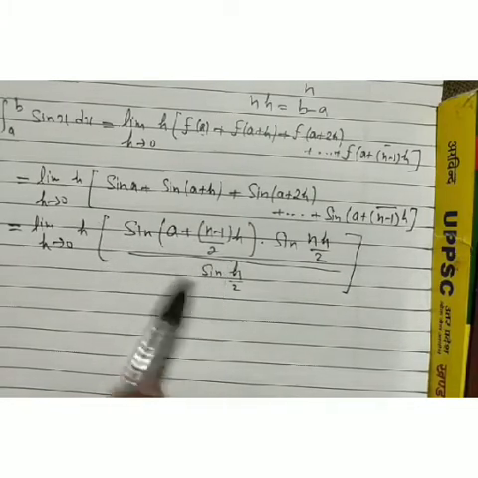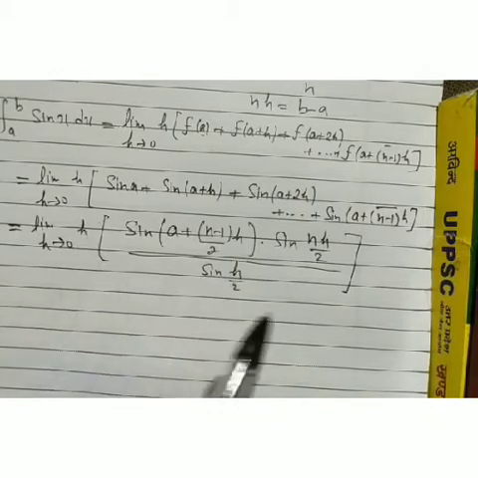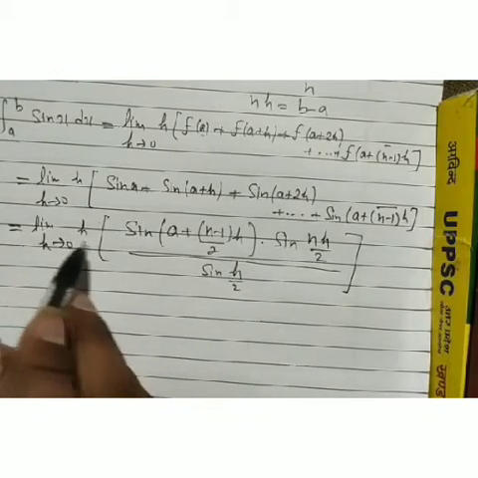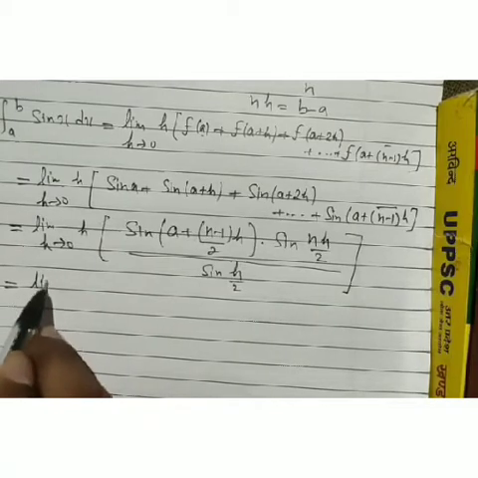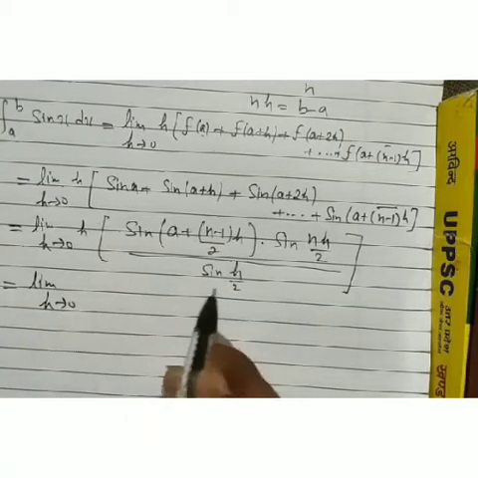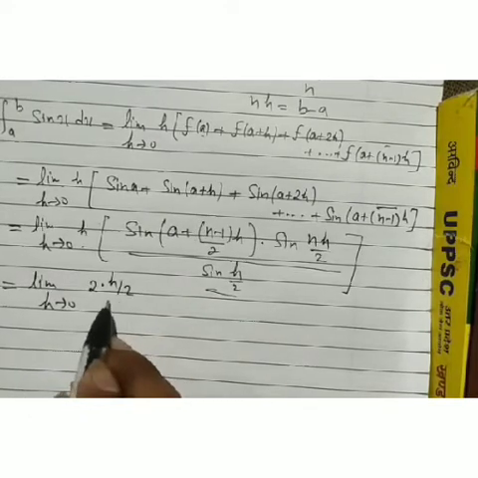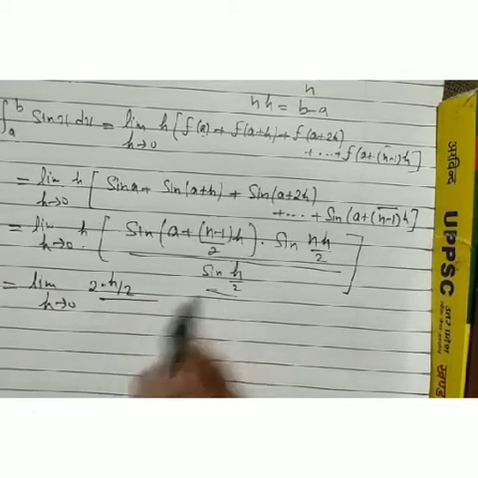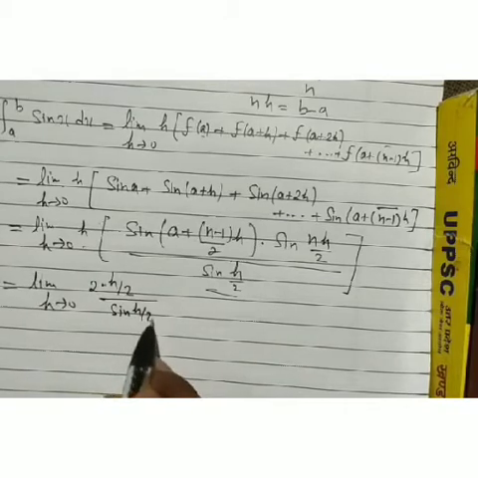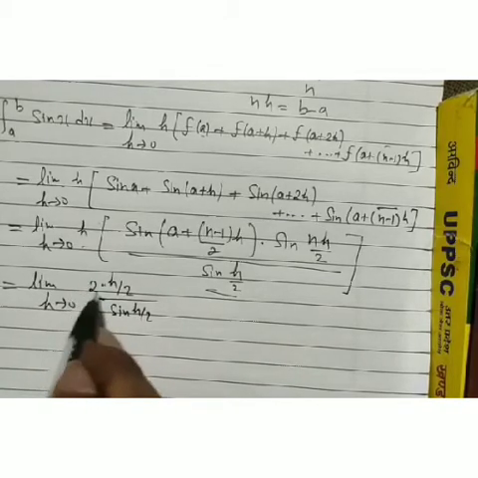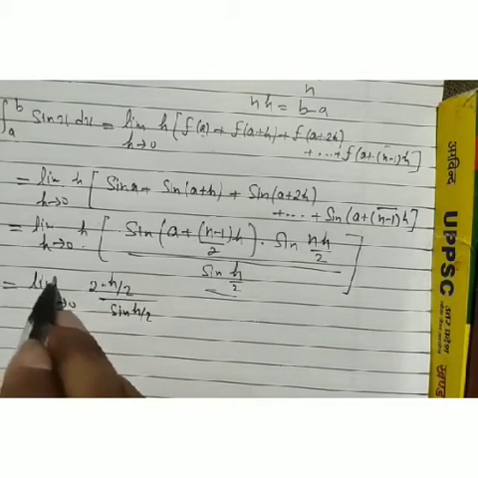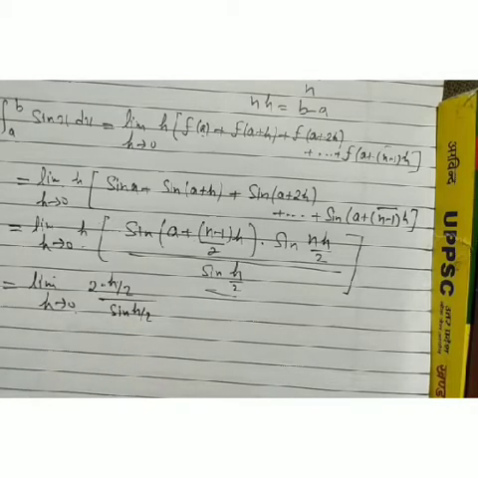And first of all we have to remove this h upon sin h. Then what we do, we take the limit as h tends to 0; we have just taken this and this, multiply and divide by h by 2, 2 into h by 2, and take sin h by 2. Then we take this 2 outside, then the value of the limit as h tends to 0 of (h/2)/sin(h/2), the value of this limit is what?